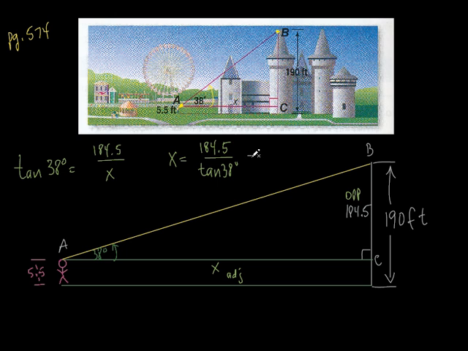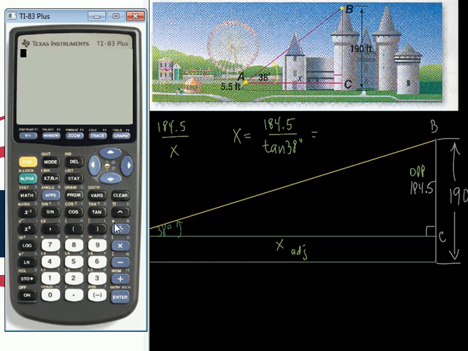Alright, let's plug this into a calculator and see what we get, and we'll be finished. Let's put the numbers in. So it's 184.5, okay, divided by the tangent of 38. So I hit tangent 38, close the parentheses, hit enter, and there it is, 236 point, let's just say 1.